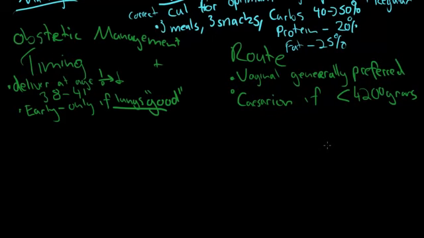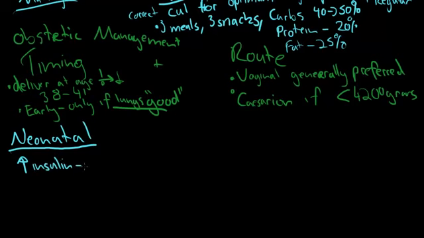So the next part of management is your neonatal management. That's really looking at looking after the complications of having gestational diabetes. The big one, as I mentioned earlier, is high insulin. The baby has been producing a lot of insulin, but then they're suddenly not in that high glucose environment.